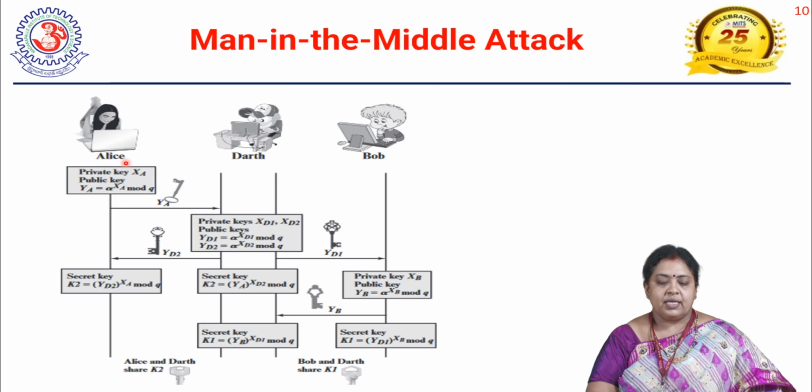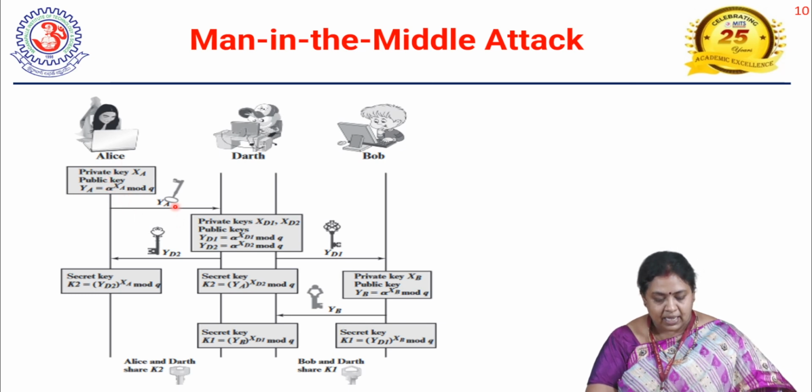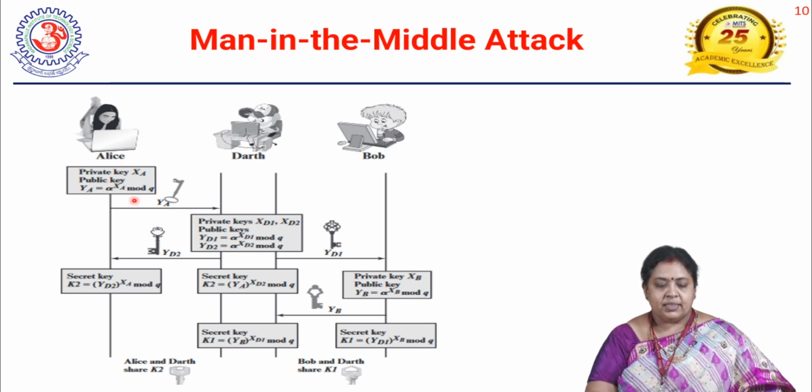Whenever Alice announces her public key, it will be captured by Darth. Instead of YA, the public key of Alice, he is going to distribute YD1, which is his public key. So what Bob thinks is that it is the public key of A only.